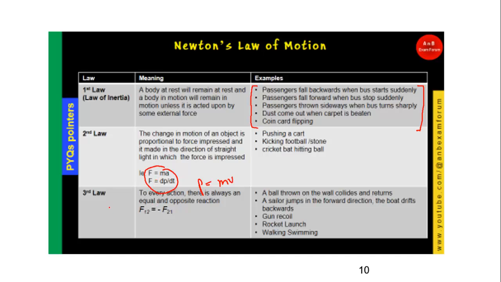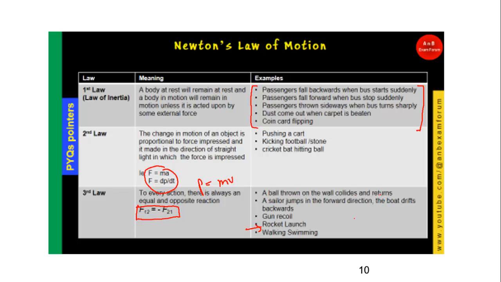What about the third law? The third law is a very simple one. To every action there is an equal and opposite reaction. So F12 equals minus F21. The best common example is a rocket launch. It is basically the third law and the conservation of momentum. To every action there is an equal and opposite reaction. A ball collides with the wall and returns.